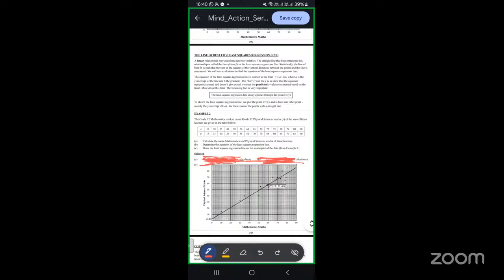Now we know that the equation is something like y equals A plus Bx. I don't think it matters that ours now is small letters and theirs is capital letters: A is A at the end, B is B at the end.